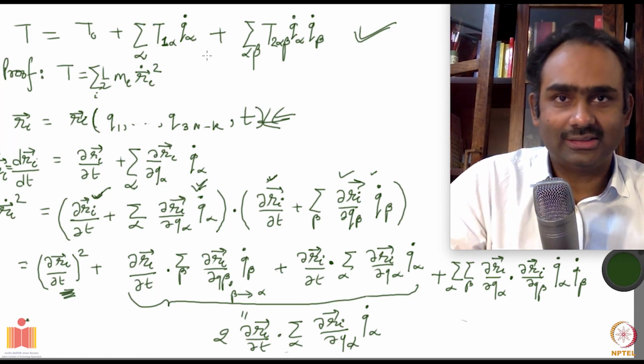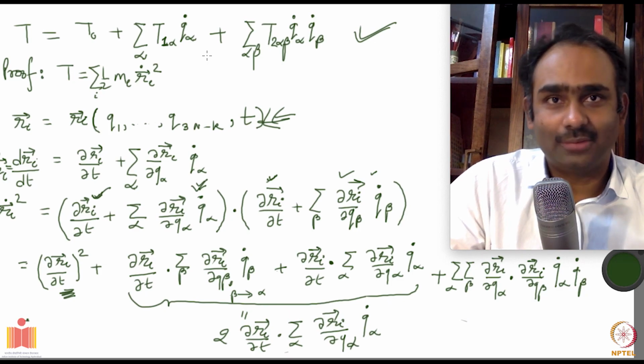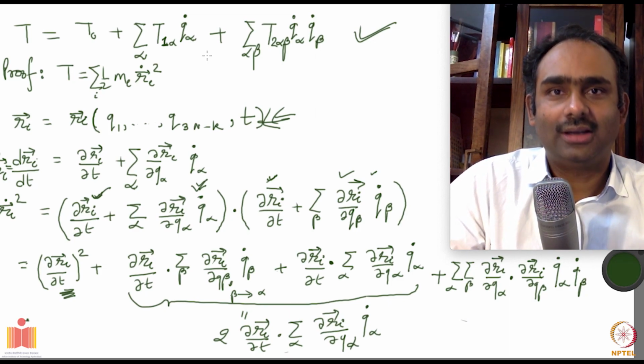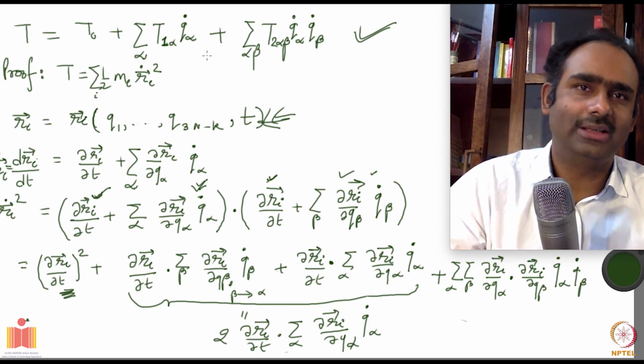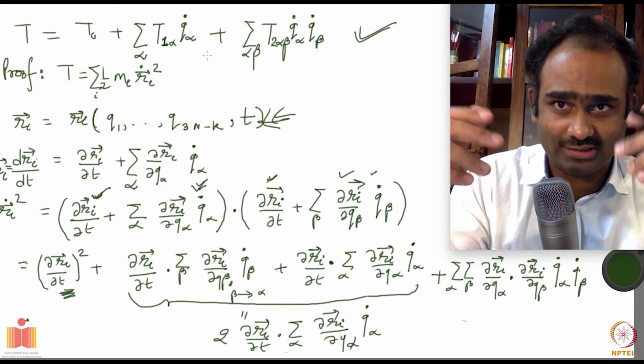There may be cases, depending on what kind of coordinates you are using, that some of the coordinates may not appear, and some of the generalized velocities may not appear linearly, but those will be specific to those cases. But that's the general result in front of you.